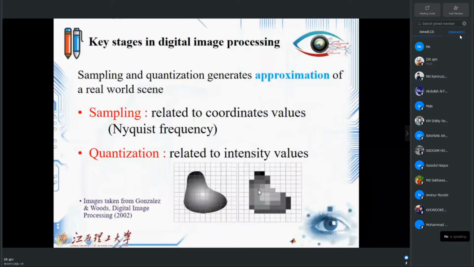Let us see what these two words are, which we call the key stages in digital image processing. First is sampling, which is related to the coordinate values, with the help of a theorem that we have, called the Nyquist frequency. And the other is quantization, which is related to intensity values.